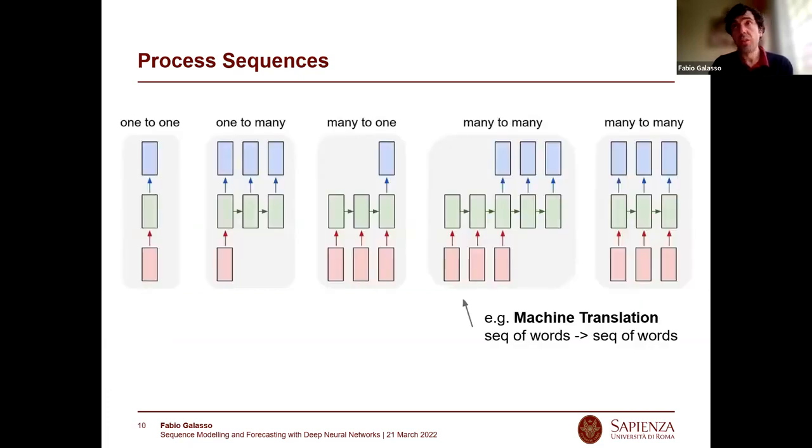Then, getting to more interesting things, you have many-to-many types of sequence modeling. For example, producing sequences of words out of sequences of words, like machine translation: you read a sentence in Italian and you want to translate it into English.